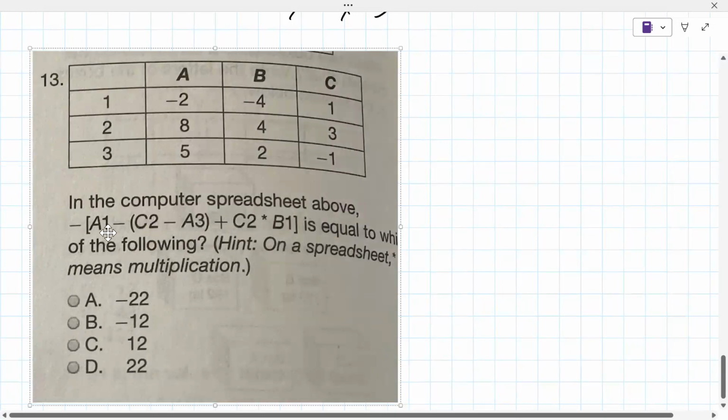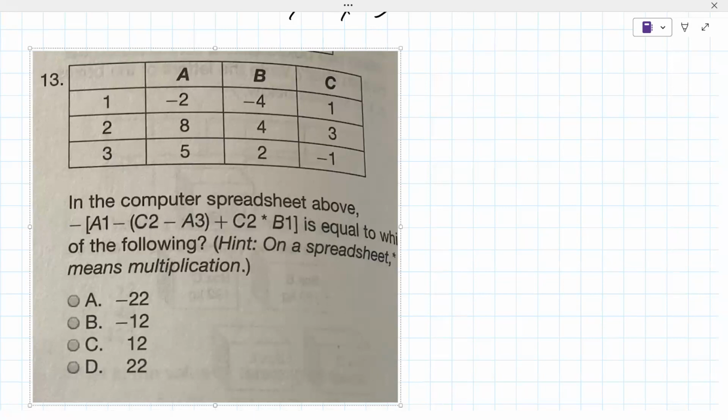I would put all the numbers in first, is what I would do. If you need me to help with that, I can. Or you can do them one at a time. But go ahead and give this one a try, please. Okay.